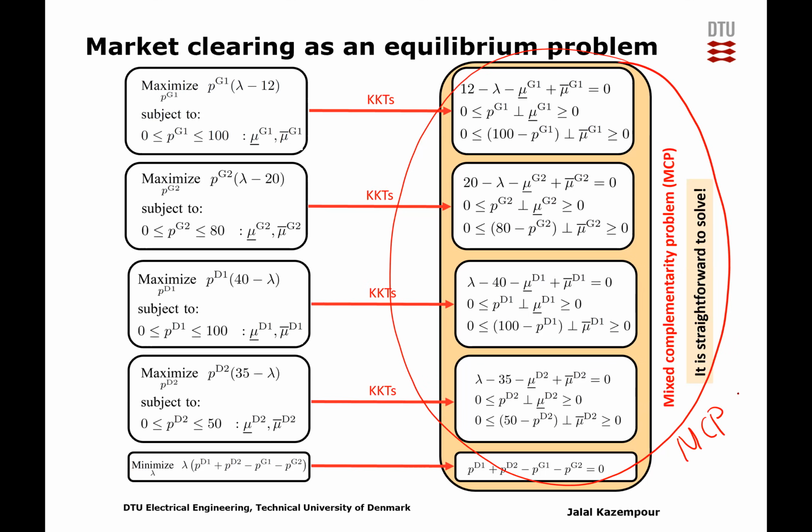Who is solving the problem? That's a really good question. Sebastian asked, who is solving an equilibrium problem? If it's central, why not just do an optimization problem? No, the price setter is not solving the problem. The price setter is one of the players, so the price setter cannot solve this problem.